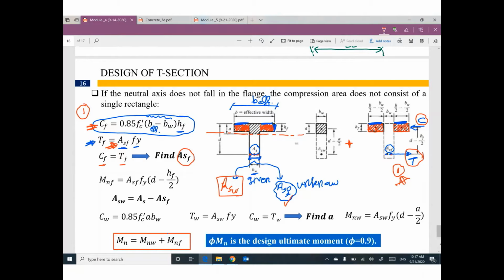Guys, remember, this part of area steel plus this part of area steel equal the original part. The original part is given. And from step one, I can figure out this part. Can I figure out the remaining? Yeah, you can. Area steel web, the remaining part of area steel equals the original part of area steel minus area steel you figured out from step number one.